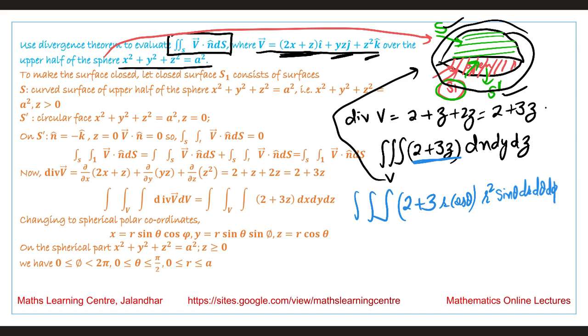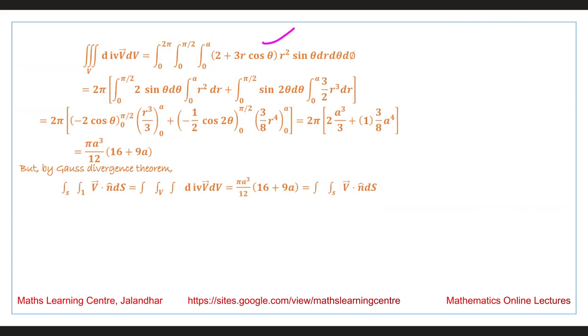Now the value of r will vary from 0 to the radius of this sphere, which is a. Then we have the upper half of this sphere, so theta will vary from 0 to pi by 2. If it is a complete sphere, then it is 0 to pi, but it is the upper half, so it is 0 to pi by 2. And the limit for phi is varying from 0 to 2 pi.